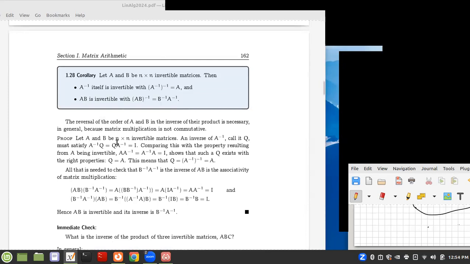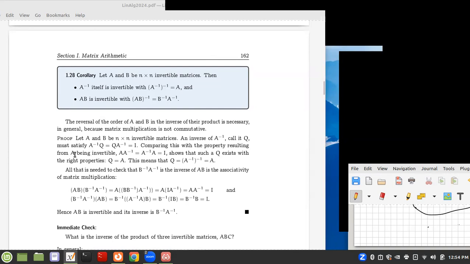You can see, let A and B be n by n invertible matrices. A proof is like a play, right? When you have a play, you have characters that come on the stage and they call each other by their names. So the same way, the first thing in any proof is you introduce names for things. Then, since they're invertible, an inverse of A inverse, we call it Q, must satisfy this property here, right?